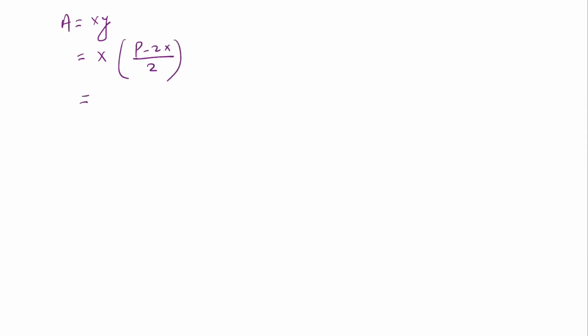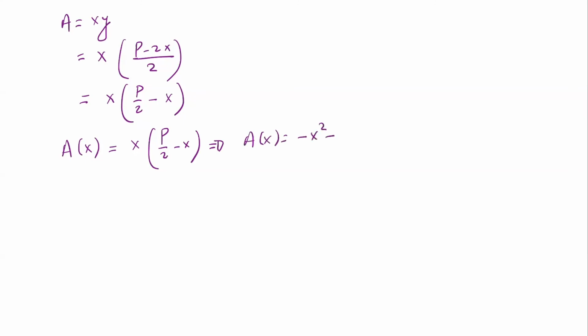And then x times p over 2 minus x. So what you just did here is define area as a function of x. If we expand this further, A of x equals negative x squared plus p over 2 x. Okay, so we just defined area as a function of x and perimeter only.